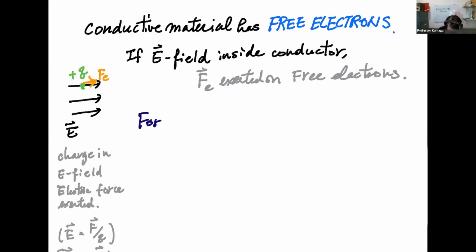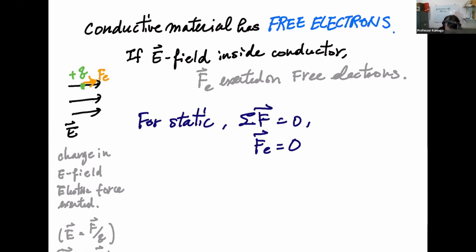So for a static state, which means the net force has to be 0, this F_E has to be 0. You have to have an electric force of 0. That means the electric field is 0.